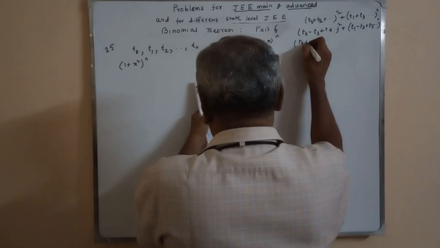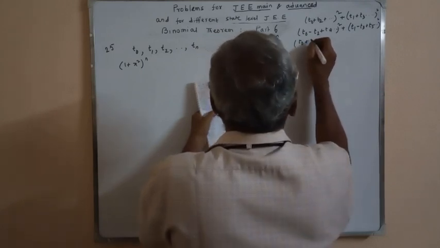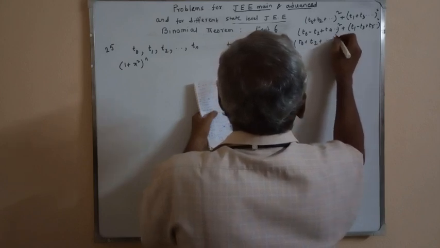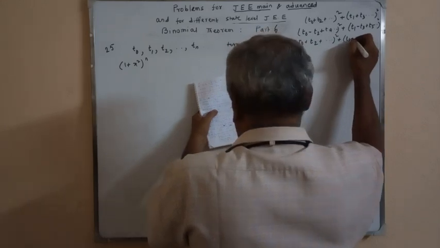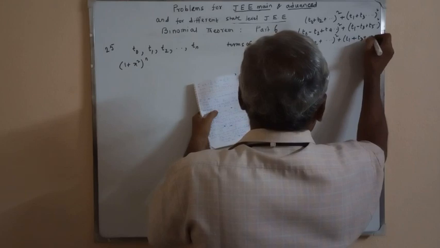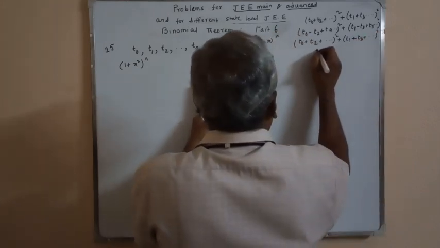Number 3, (T0 plus T2) plus (T1 plus T3) whole square. None of these.